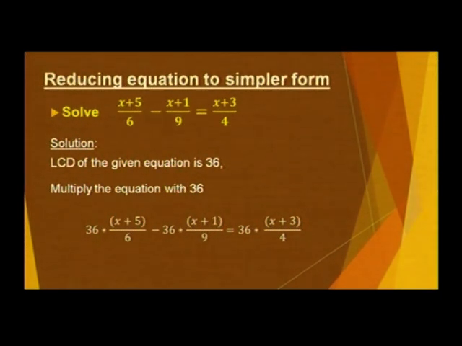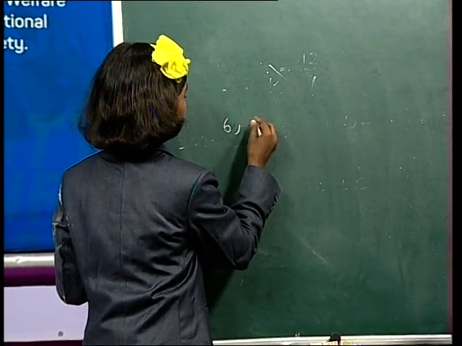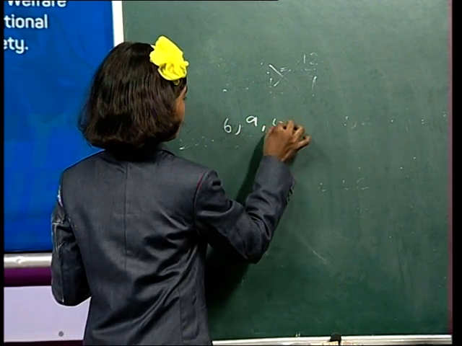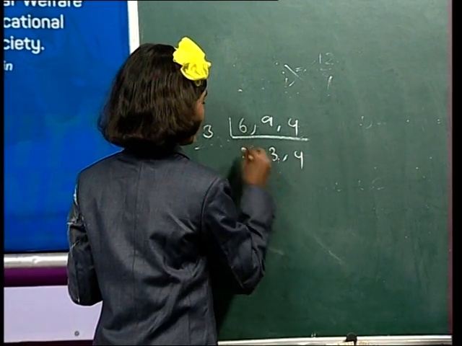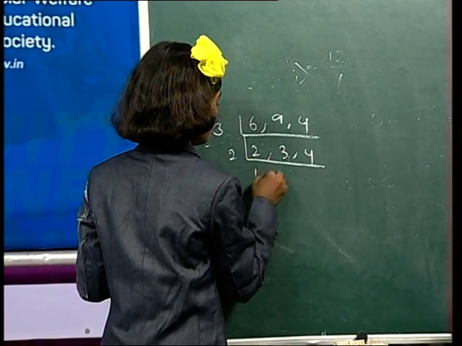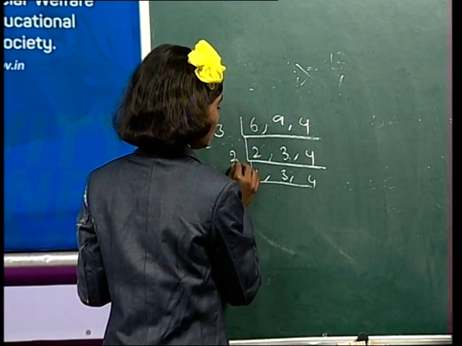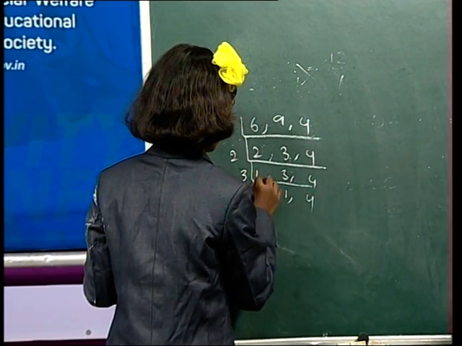So, how do we get 36? By doing the LCM of the denominators. 3 2s are 6, 3 3s are 9, 4 remaining 4. 2 1s are 2, 3 remaining here, and 3 1s are 3, 4 remaining here.